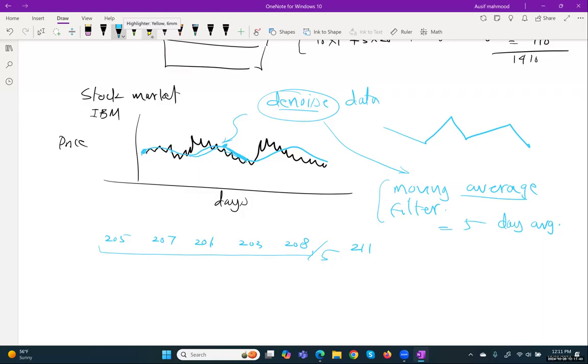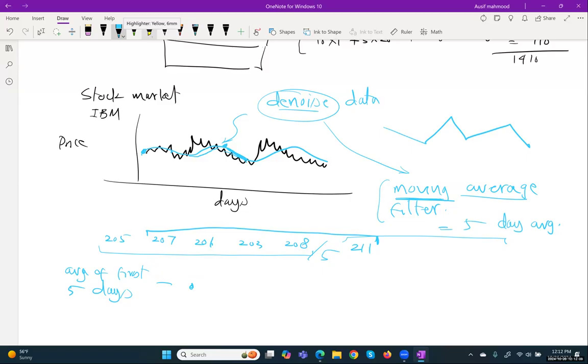After you compute the first value, which is the average of the first 5 days, how will you compute the next number? Shall I go to the next 5 days and compute the average? Or shall I go from the 2nd day to the 6th day? That's why we call it a moving average.